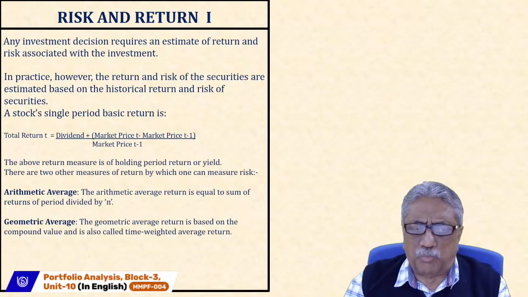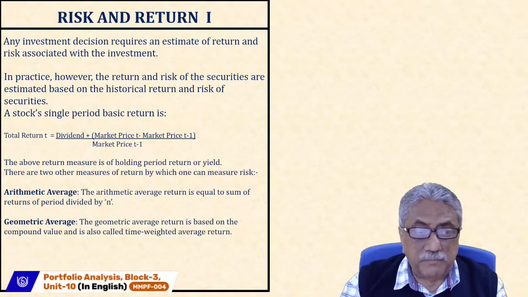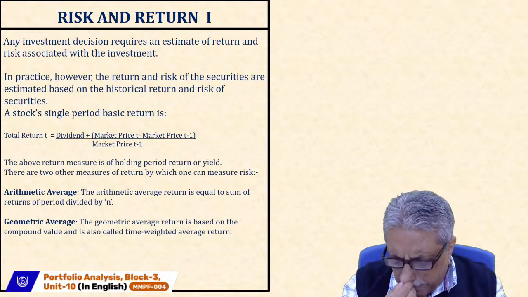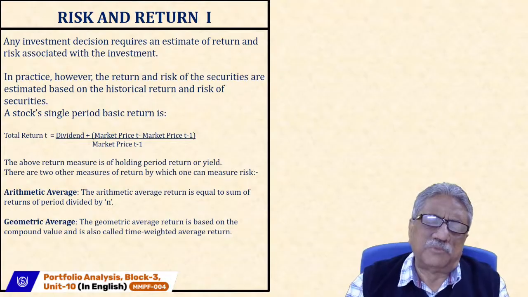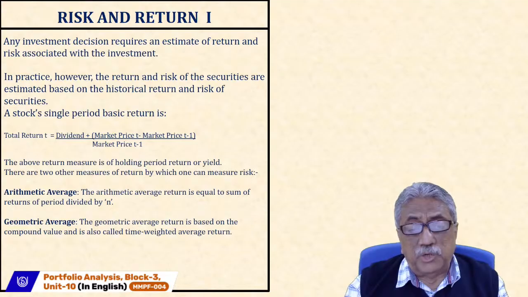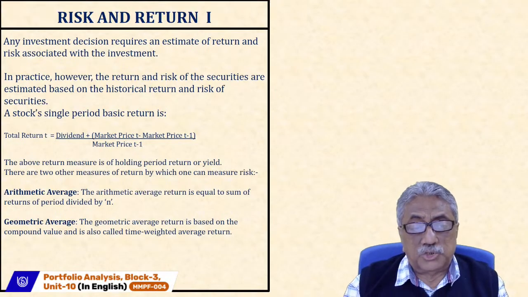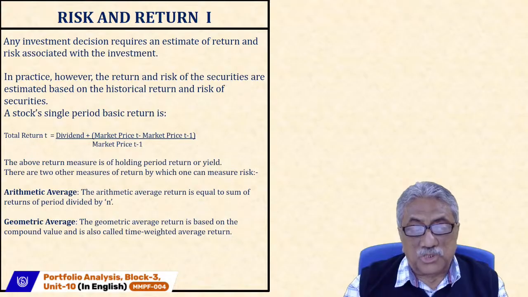Geometric average is a little complicated, but sometimes it's very conservative. Geometric average return is based on the compound value, because with arithmetic average sometimes you may get a negative return or sometimes a positive return. But geometric average is time weighted, and the algorithm is something different, so that you get a total return during the holding period, which is geometric average based on the compound value.